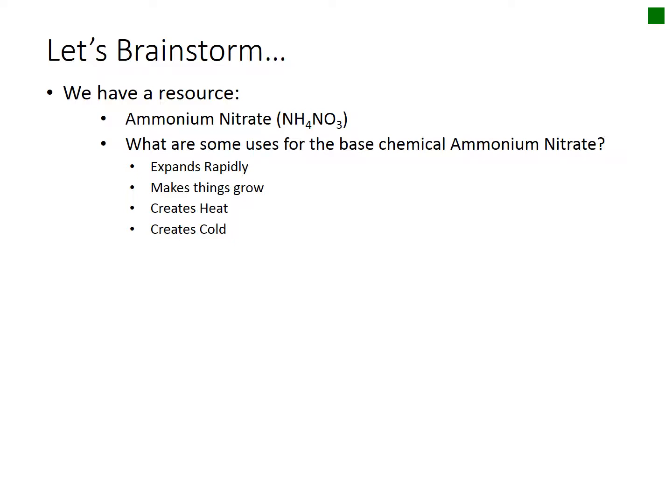If you take ammonium nitrate and mix it with water, you'll have a chemical reaction. It's an endothermic reaction, which is something we use in cold ice packs that you break, and as the ice pack breaks, the chemicals mix together and you get a cold pack for sports injuries. So we see that a lot.